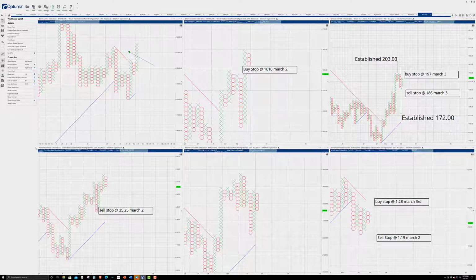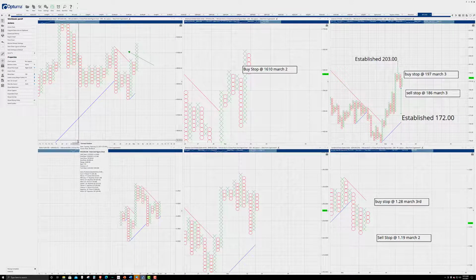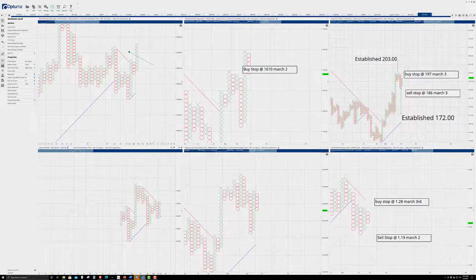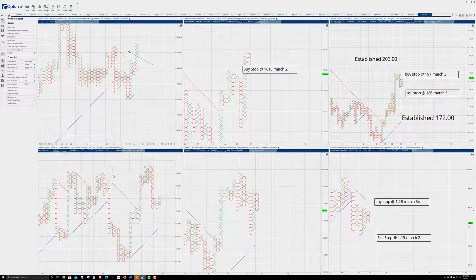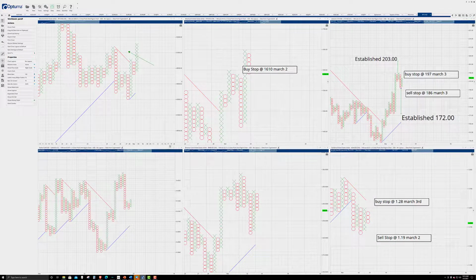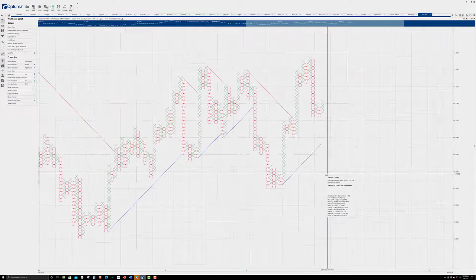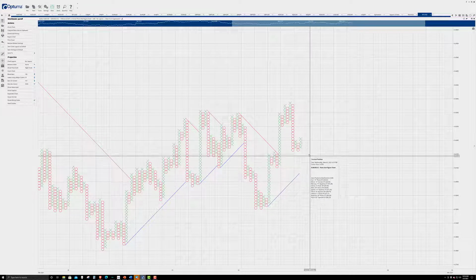So Cardano, Binance Coin, Polkadot. Somebody wanted me to take a look at XLM, Stellar Lumen. Wait for that to load. This is the other nice thing about point and figure: I haven't looked at Stellar Lumen's point and figure chart before, but I already know what kind of setup we have here.